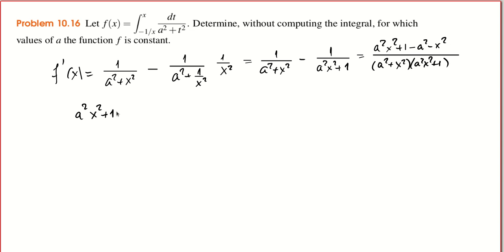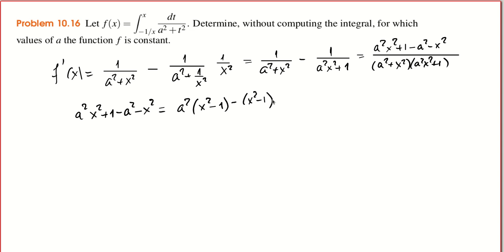So this a squared can be factored, and you get a common factor of x squared minus 1, right? And then you have plus 1 minus x squared, or if you prefer, minus x squared minus 1.